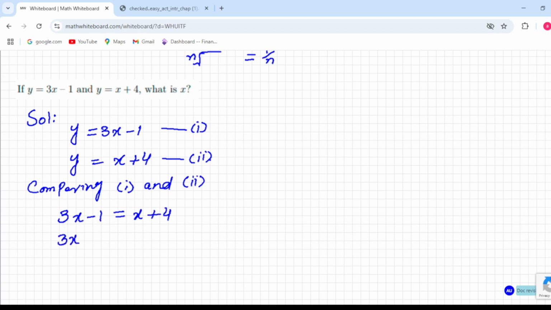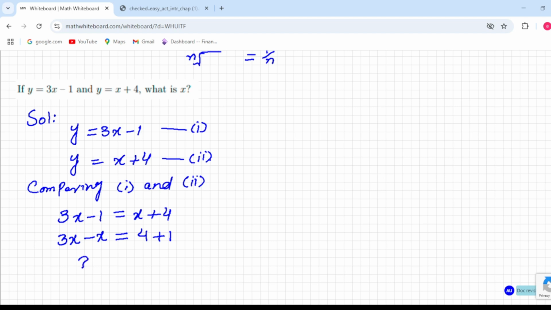Like terms mean we should place x term with x term. So 3x, here x term is plus x, so if we put it to the left hand side, it will become minus x, and similarly 4 is here and minus 1 is here, so if we bring minus 1 to the right side, it will become plus 1.